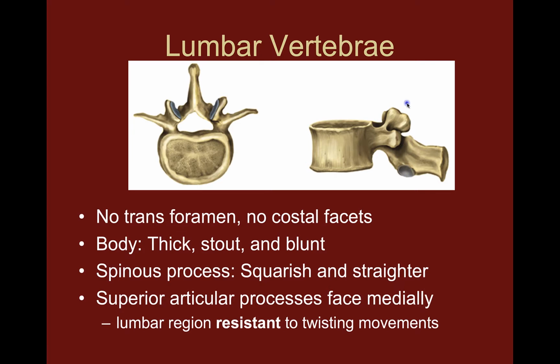Now, the superior articular process and facet, you'll notice, face medially. And the inferior articular process and facet is going to face laterally. And what that does is when you articulate here, that is going to resist twisting movements in the lumbar vertebrae.